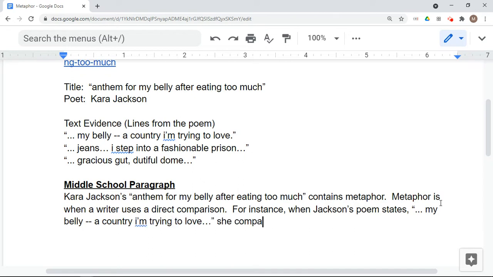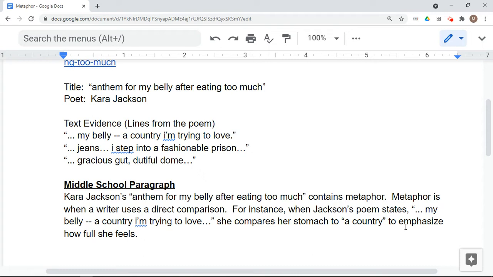She compares her belly to a country. To love, she compares her belly, her stomach, to, I'm going to go ahead and say, a country in quotations, her stomach to a country, to emphasize how full she feels. The title says it. It says "Anthem for My Belly After Eating Too Much."